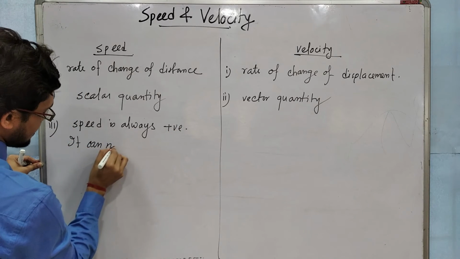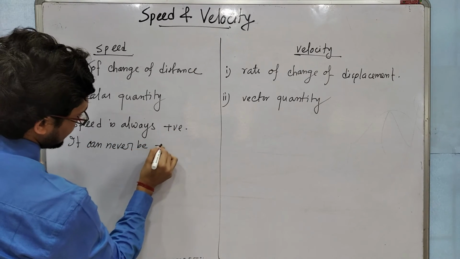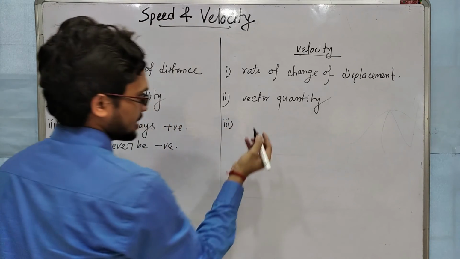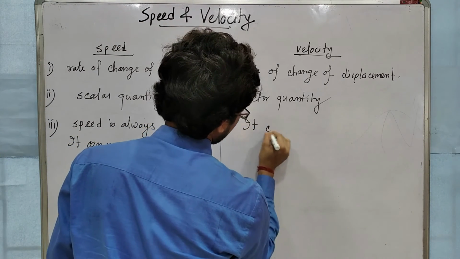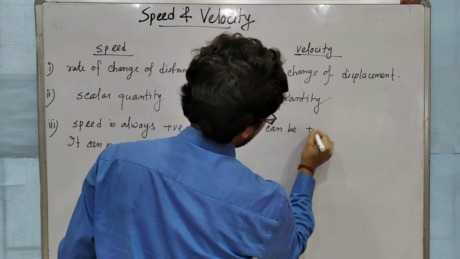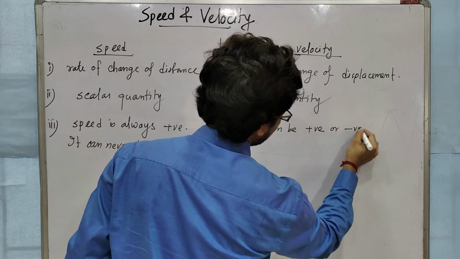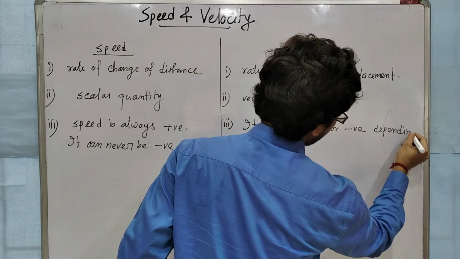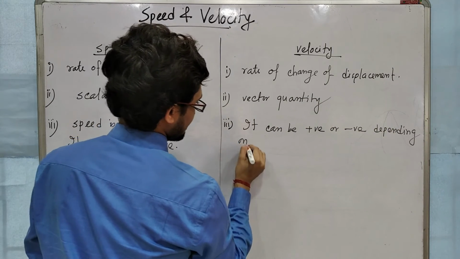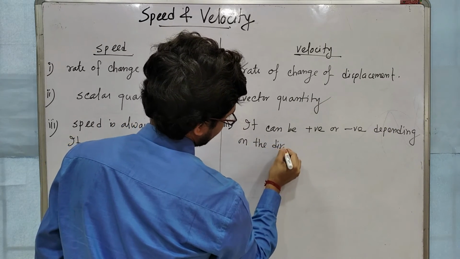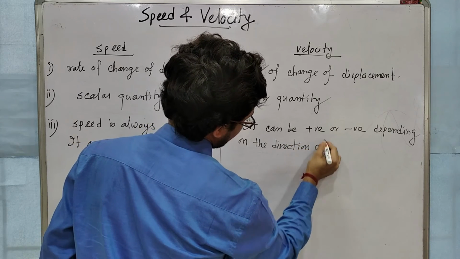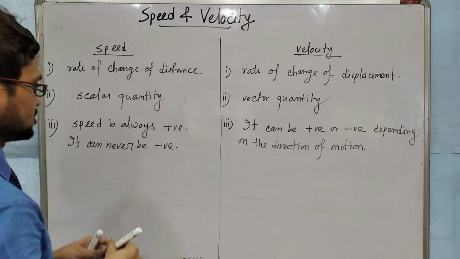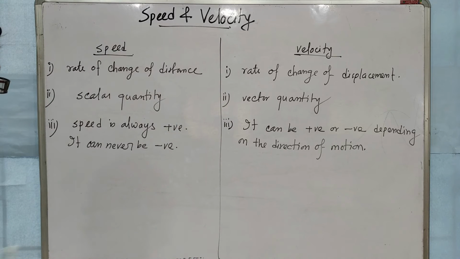It can never be negative. Velocity is a vector, so it can be positive or negative depending on the direction of motion.